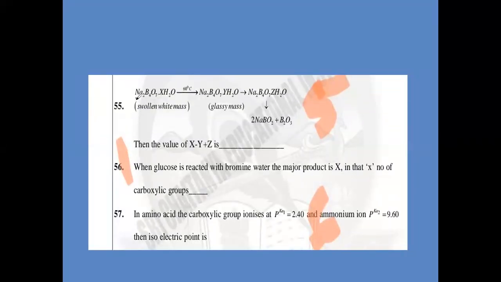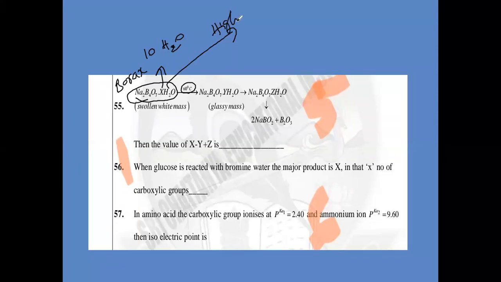Next, Na2B4O7·10H2O. What is this? Borax. When borax is heated at lower temperature... suppose if you heat at high temperature, what happens? Directly it will convert into Na2B4O7.